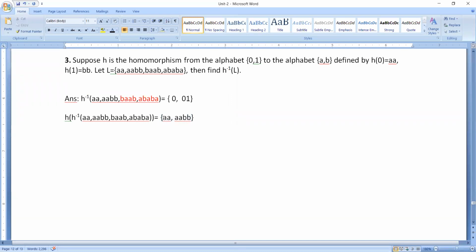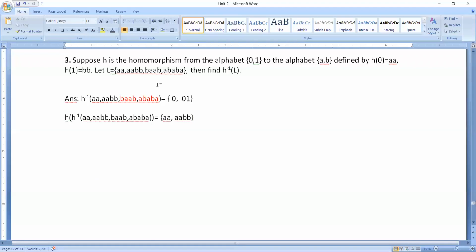Okay, now if you observe over here, this double A and double B, these are the two strings which are going to be a subset of our given language L or not. Yes, now it is, as it is going to act like a subset.